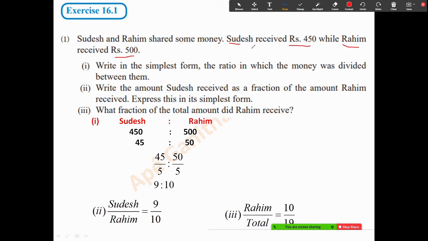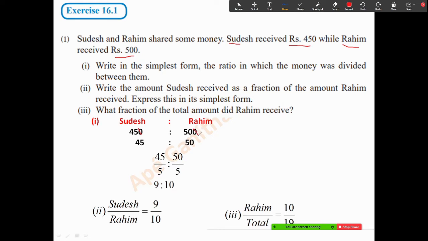450 to 500. We had to write in the simplest form. If you divide by 10, that means removing 1 zero. If you remove 0 from this side, then remove a 0 from this side also.